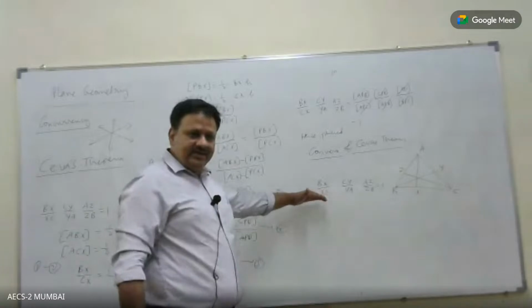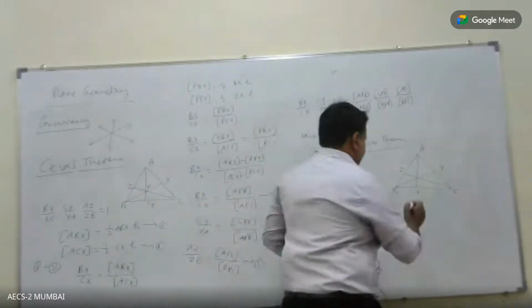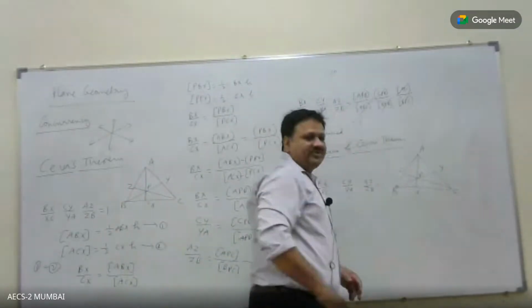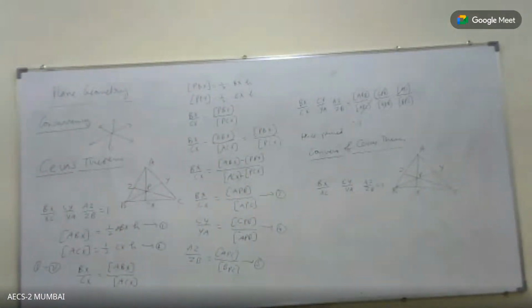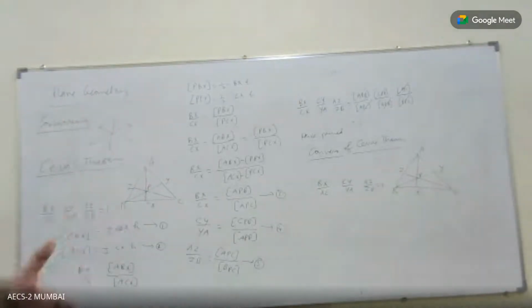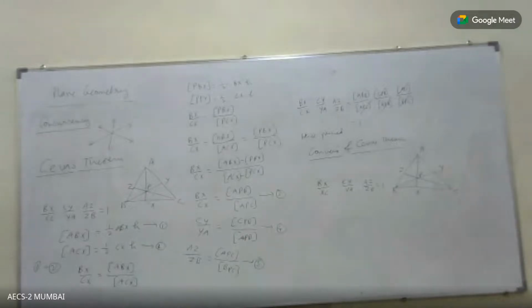If this is maintained, they will be concurrent. So how to prove this statement? We can prove this by the indirect method. So what is the indirect method? Let us suppose they are not concurrent. Right? Suppose they are not concurrent. Now what will happen?